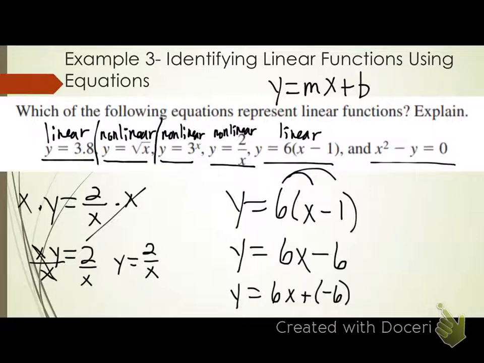Okay, my last one. X squared minus y equals 0. All these other ones, y was already by itself, right? Is y by itself here? Okay, now let's get y by itself, see what happens. What would be my first step getting y by itself?